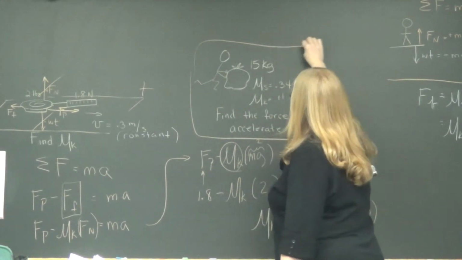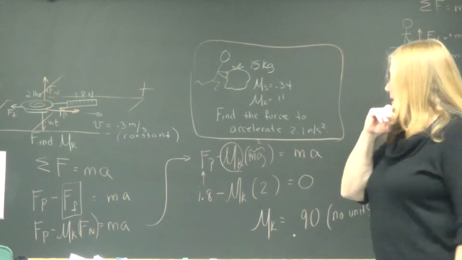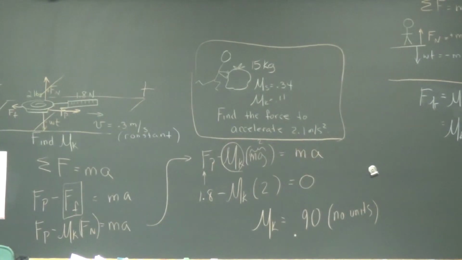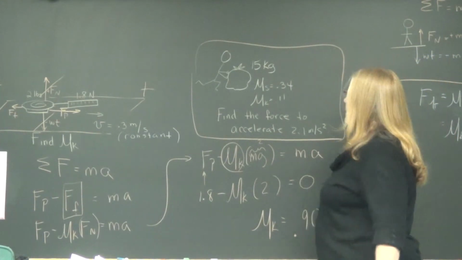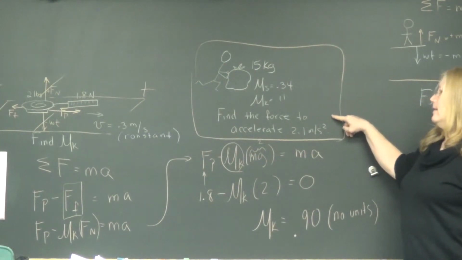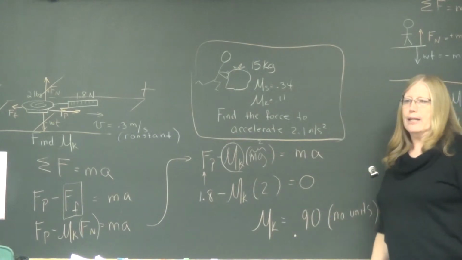Draw somebody pushing a trash bag that's 15 kilograms. 15 kilograms is the mass of the trash bag. Mu sub S is known, so is mu sub K. Find the force this time to accelerate at 2.1 meters per second squared.